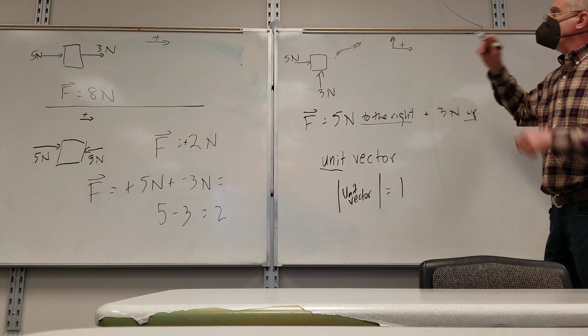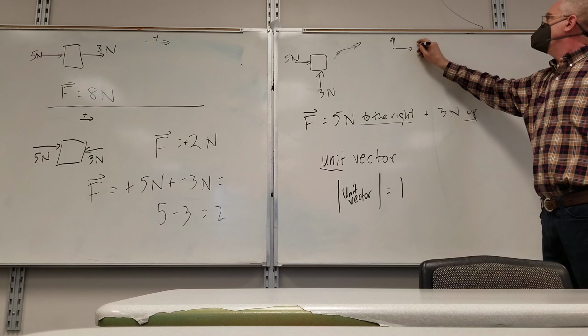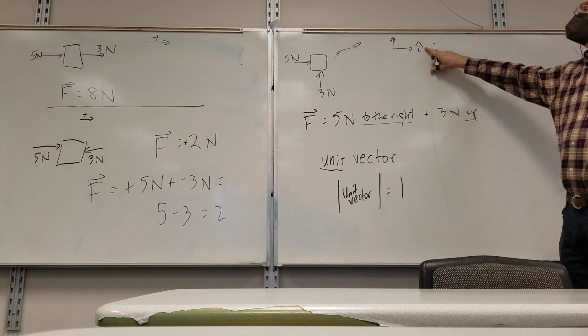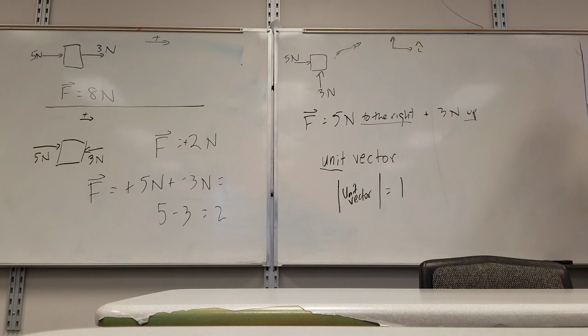So what I'm going to do here is, instead of just saying plus is that way and that way, I'm going to say to the right is i hat. Now this mark right here, this is another vector symbol. When you see the hat like that, when spoken, it is hat. If you're using OpenOffice or LibreOffice, that is the shorthand. If you're writing an equation out, hat is the key word there.